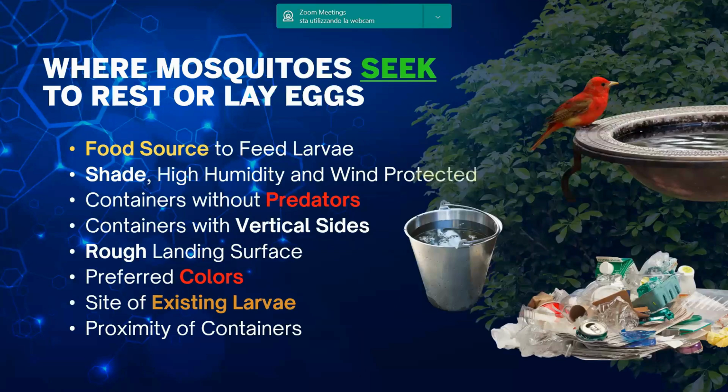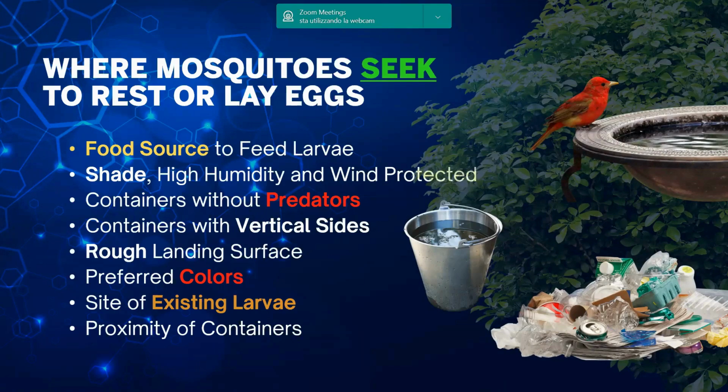Also, in order to understand where the mosquitoes like to lay their eggs, we went through an analysis of all the elements that they like. They like to see a food source for their larvae.